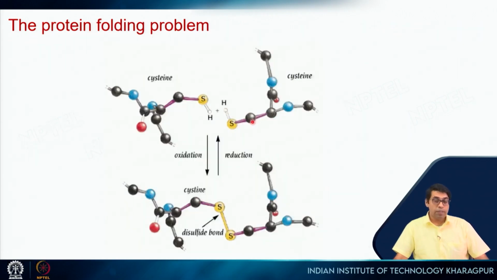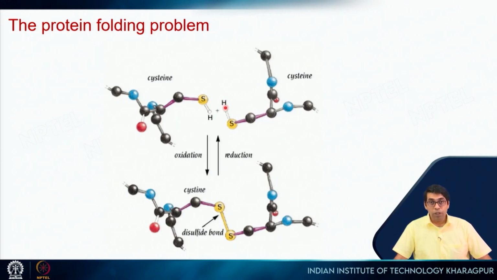A particular amino acid will become very important in this, which is called cysteine. Cysteine can occur in these 2 forms. Its side chain has a thiol group or SH group. When this gets oxidized, it forms this disulfide bond, and when it is reduced, it goes back into the thiol form.